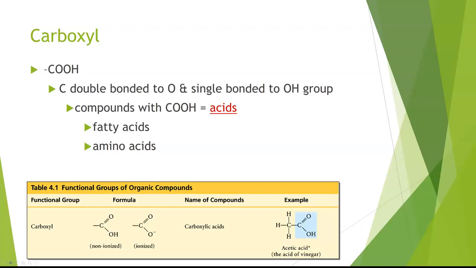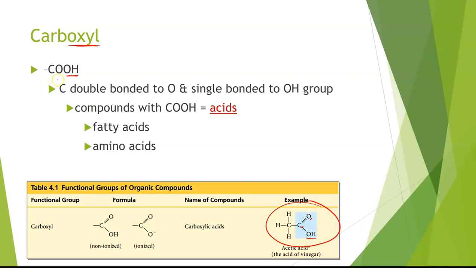Carboxyl is a carbon double bonded to an oxygen and a single bond to a hydroxyl group here, hence why it has the oxyl in it, because it has a hydroxyl. So this is structurally what it looks like here. Look at this one here. We have our hydrocarbon base, and then we have our carbon double bonded to oxygen, and then a hydroxyl group attached to it.